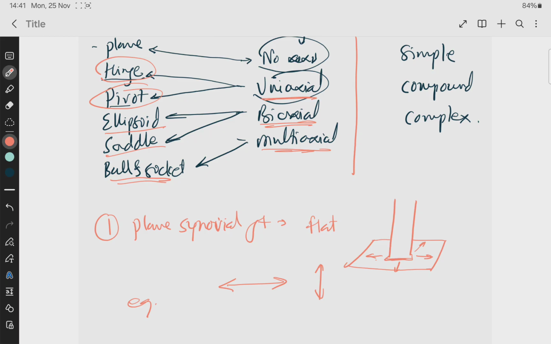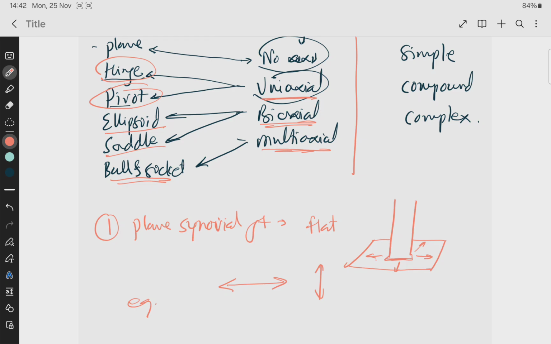Another few examples, which are important from the MCQ point of view, are the interchondral joints of the fifth to ninth rib, costovertebral, costotransverse joint, acromioclavicular joint, sacroiliac joint, and all chondrosternal joints except the first. These are the few other examples important from the exam point of view.